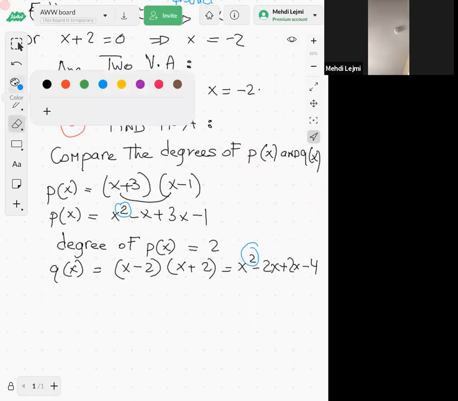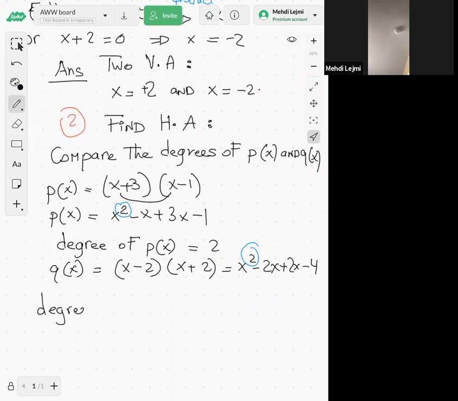So the degree of P of x is equal to the degree of Q of x, which is equal to 2. So we are in the third case. So this is case number 3.